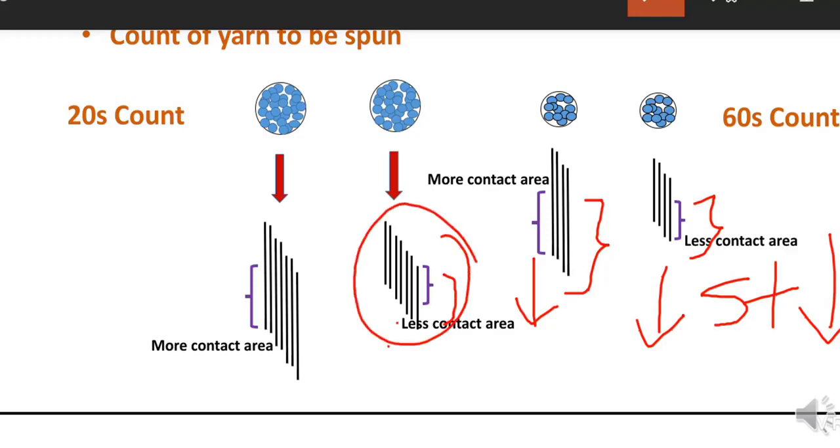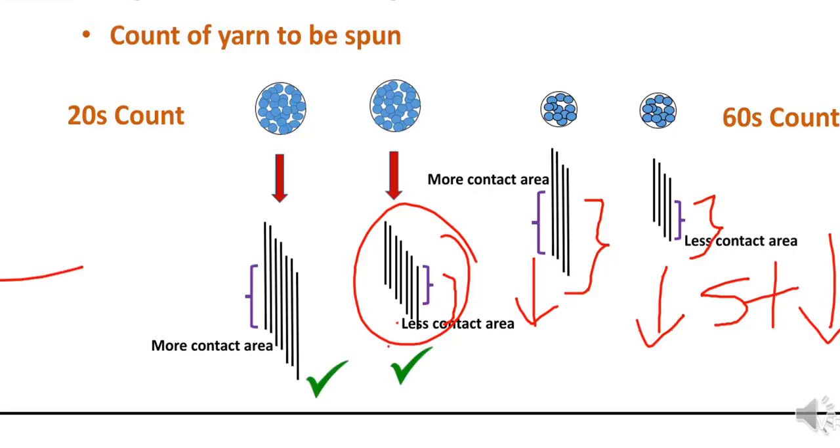Hence, in first case, you can use both these materials for spinning 20s count. But then the process may not become economical with longer length fibers. If you use long length fibers for 20s count, you have to pay more for the raw material. Ultimately, the process may not become economical.